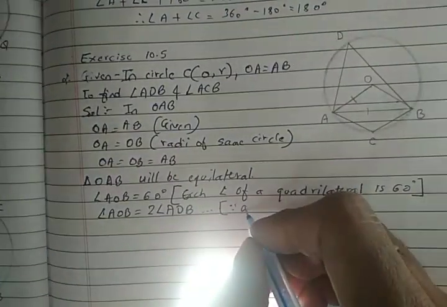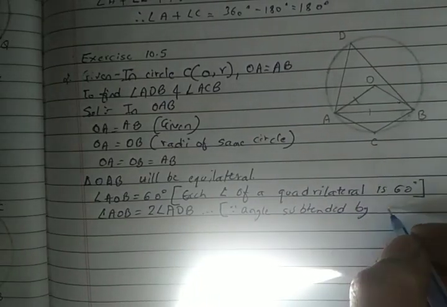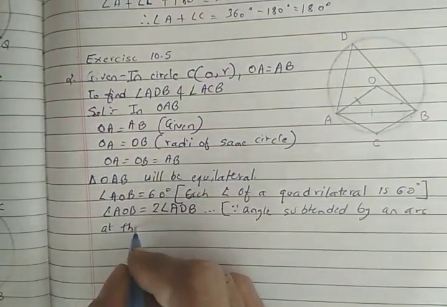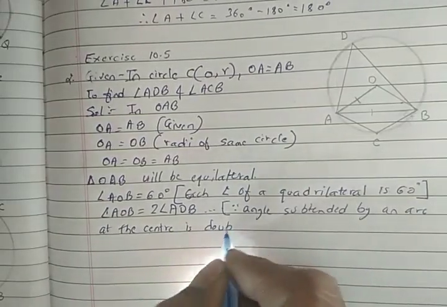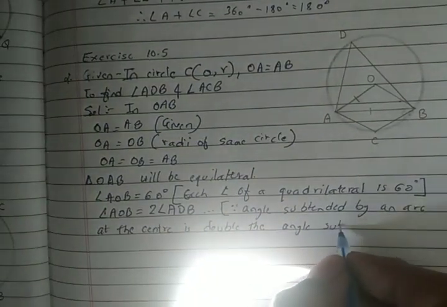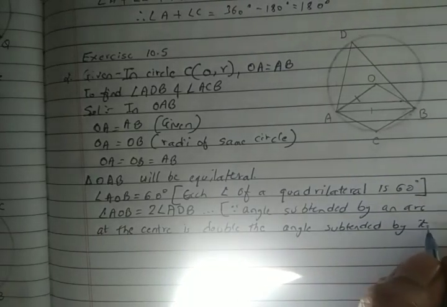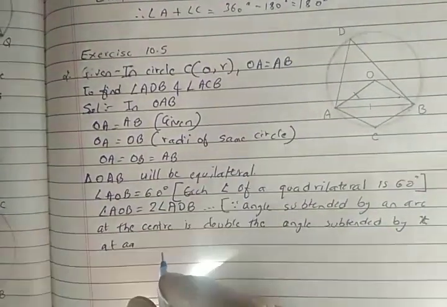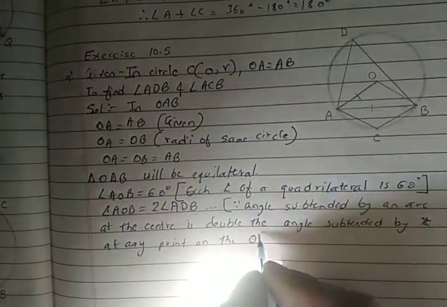Because the angle subtended by an arc at the center is double the angle subtended by it at any point on the circle.